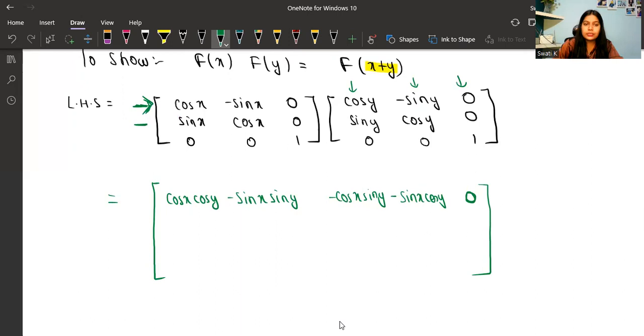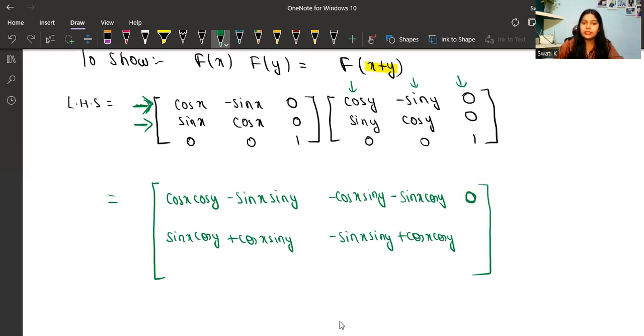Next is the second row and the same thing. Let me just write it down quickly. Sin x cos y plus cos x sin y, and then 0 times 0 is 0. Now the second row and the second column, so that is minus sin x sin y, and then plus cos x cos y, and of course 0 into 0 is 0, so no need to write that down.